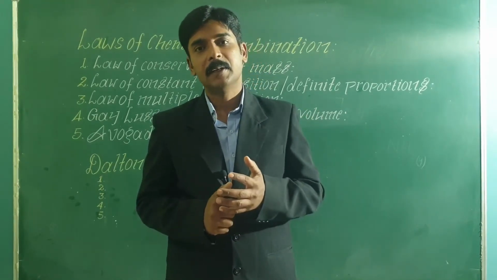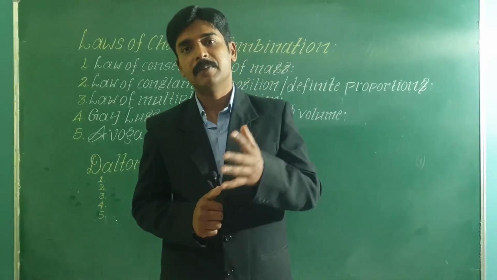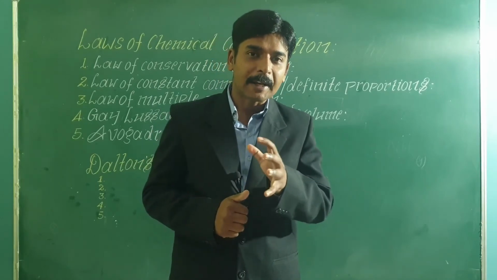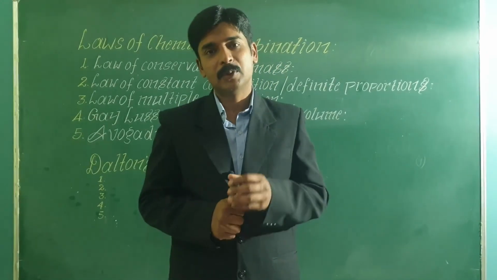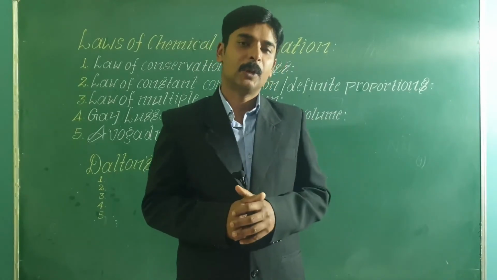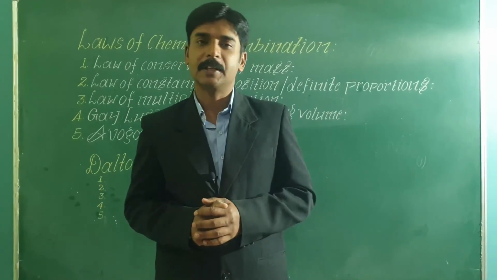We have learned that matter is anything which has mass and occupies space, and everything that we see in and around us is matter. But what is this matter actually made up of? This is what John Dalton was interested to know, and he spent his whole life doing research regarding this.